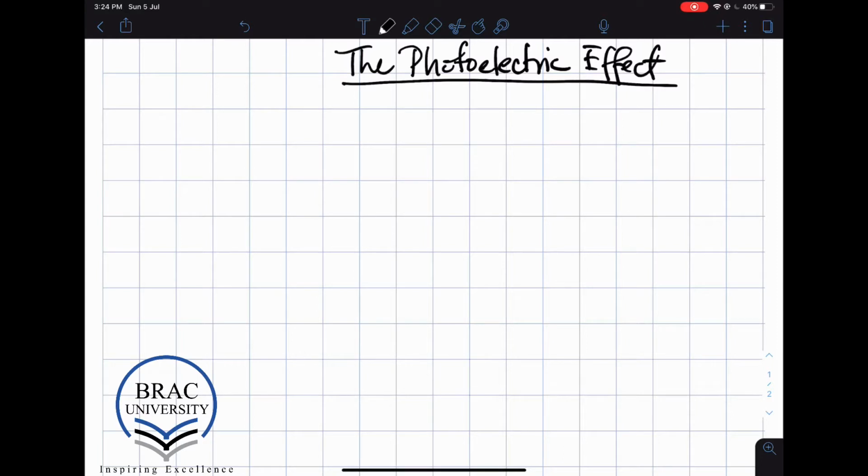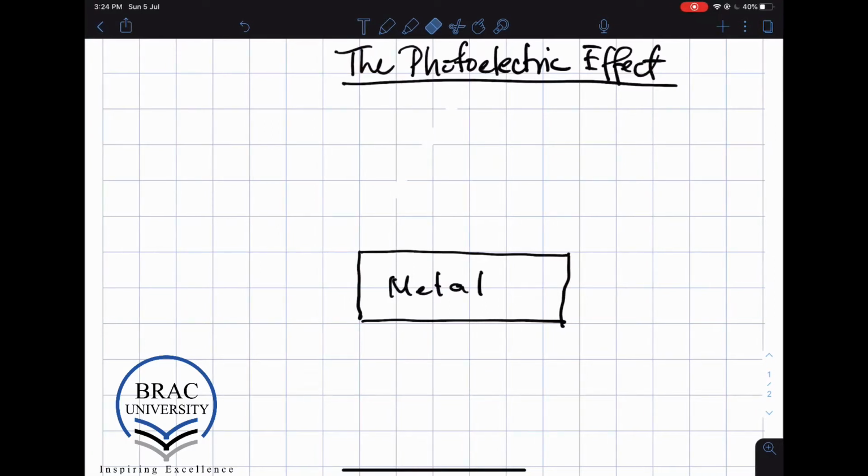The effect is, suppose we have a metal, and suppose that we shine ultraviolet light on the metal. We're shining ultraviolet light on the metal.